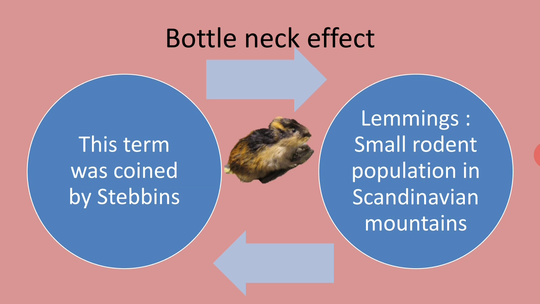Bottleneck effect is nothing but the natural calamity. The term bottleneck effect was coined by Stebbins. And I will give one example for small populations. Lemmings represent a small rodent population in Scandinavian mountains.